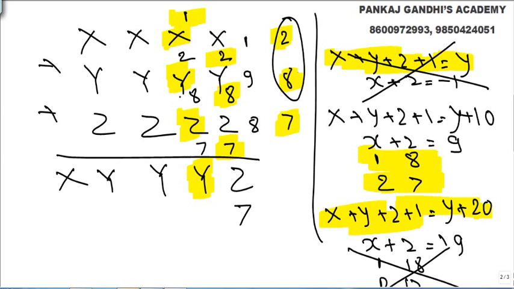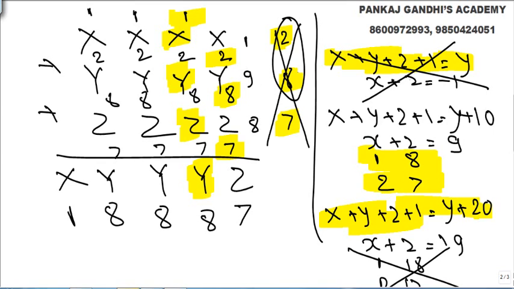Then 2 and 8 and 7 is 17, and 1 is 18, carry forward 1. Everywhere else I got x as 2, and here I am getting 1. So this combination is wrong and is not going to work out. The combination we are left with is 198.